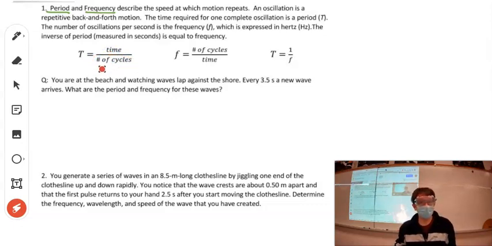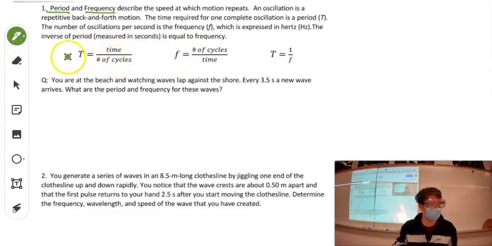Now, frequency is the exact inverse of that. That's how many times does it repeat every second. So the number of cycles doesn't have a unit, so period is measured in seconds, and frequency is measured in per second.